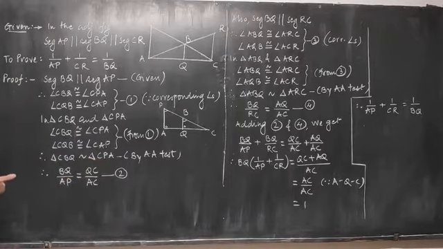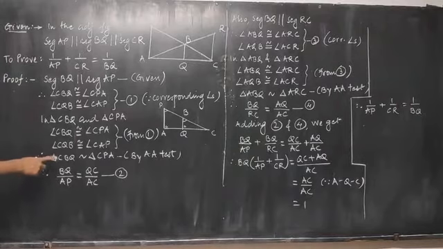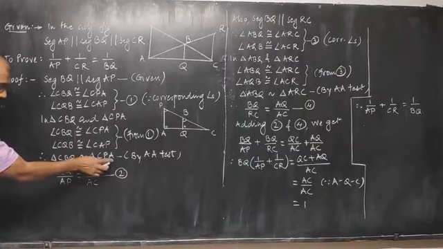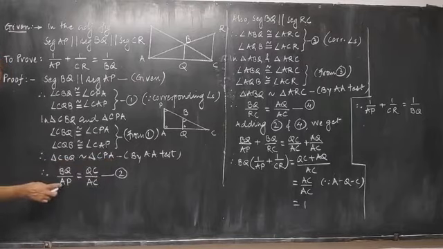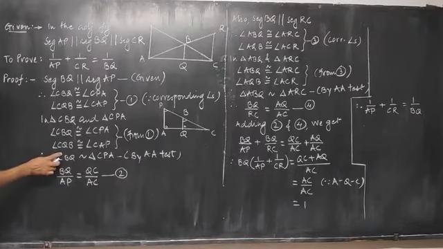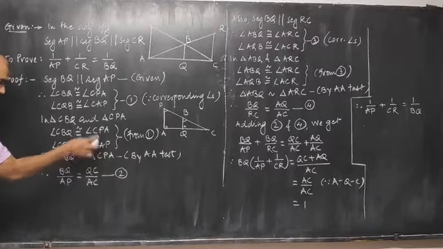Therefore, corresponding sides will be proportional. So, I have written BQ. The corresponding side of BQ will be PA, which can be written as AP also. So, BQ upon AP is equal to QC upon AC.